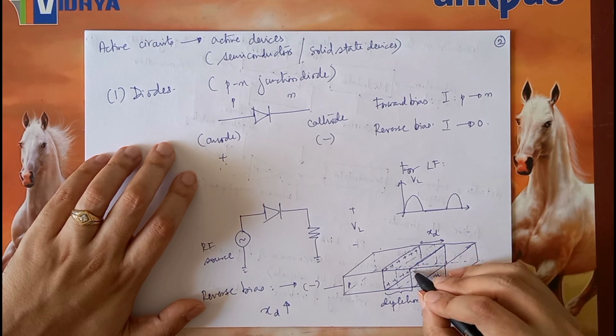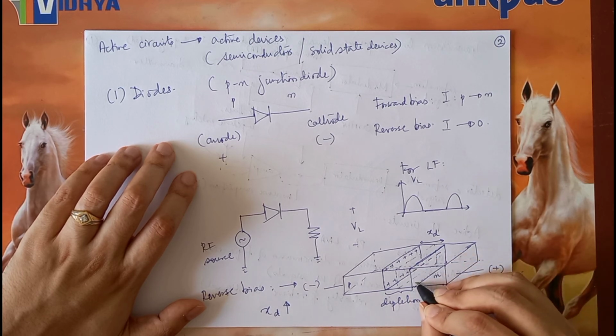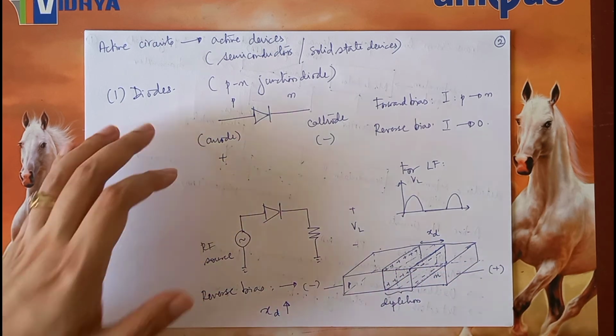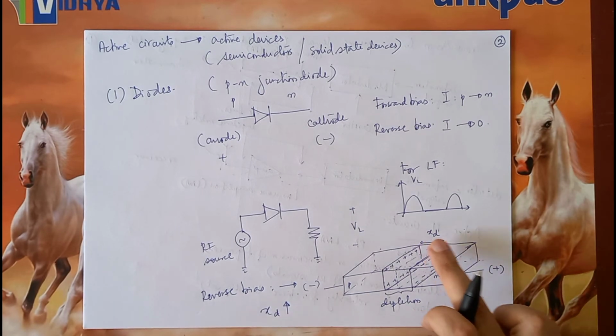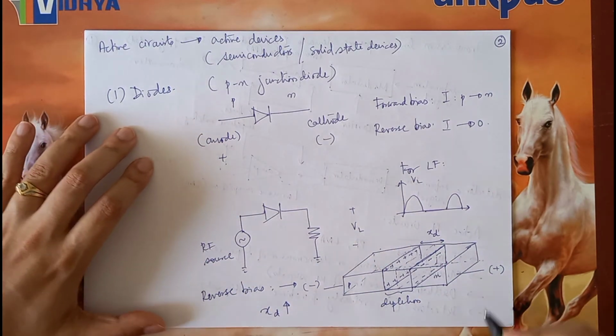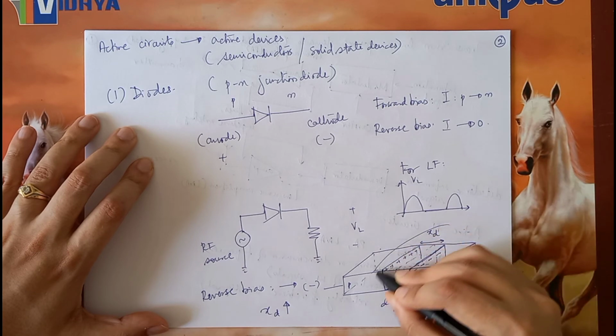And on this plate there are these electrons which are also getting attracted towards the positive. What is effectively happening is that there are two plates of opposite charges separated by a distance XD. So this essentially forms a phenomenon similar to a capacitor, and this capacitor is called a junction capacitance.